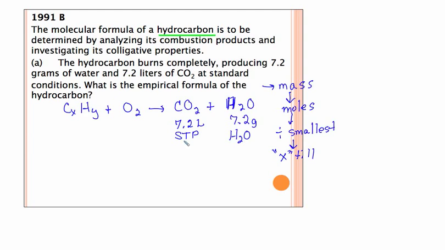You could solve PV=nRT for mass and then convert mass to moles, but hopefully you will recognize that if I have 7.2 liters of carbon dioxide, I can get to moles of CO2 pretty quickly by using the molar volume, 1 mole of CO2.